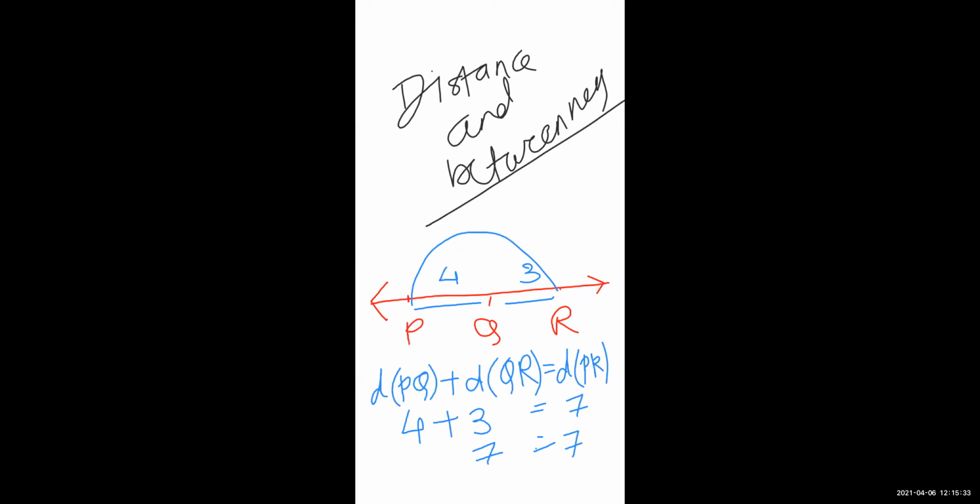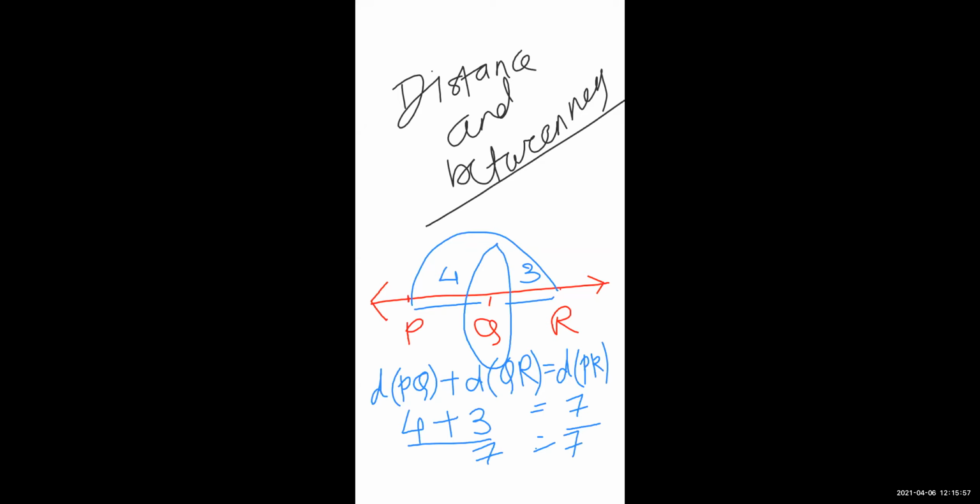If the left and right sides are equal, as we know they are in this case, then and only then can we say that Q is in between them. Q is in between P and R. Why is it so?